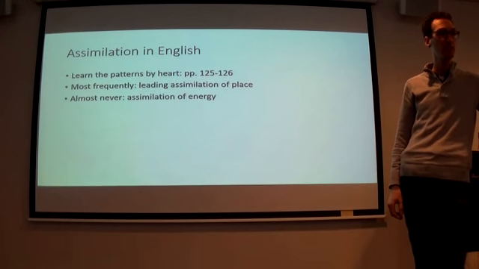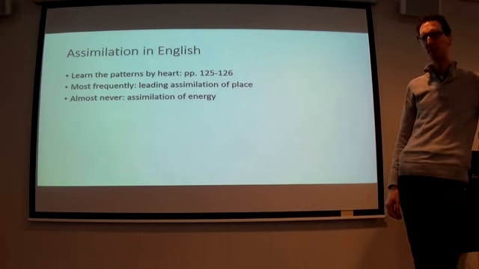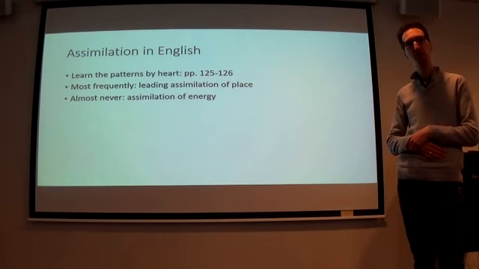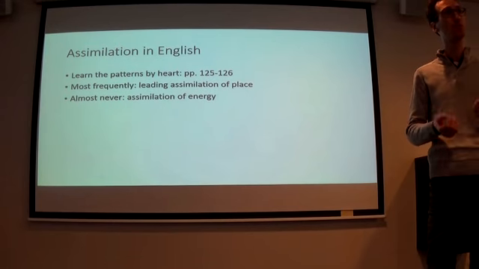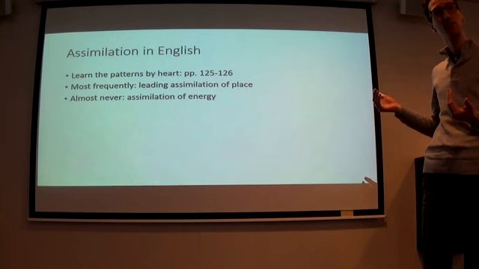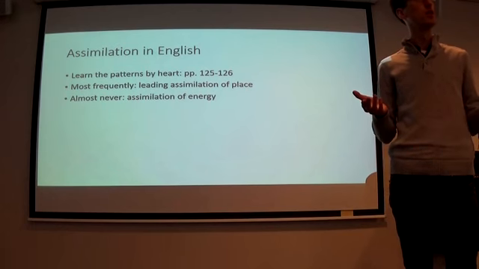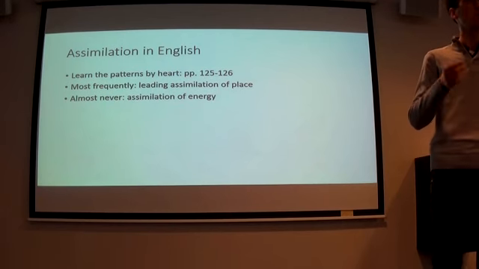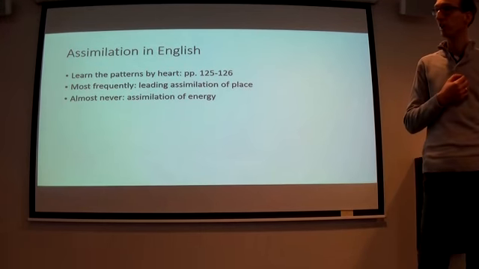Then what you do is try and come up with as many expressions in which assimilation might occur. So if you know that the n changes to an m when it's followed by a bilabial sound, then try and come up with a list of words in which this happens. So for example, the example we had was sunbathe changes to sunbathe. Another one, sunglasses, but then the n changes to, yeah.